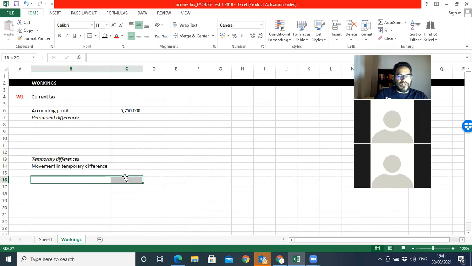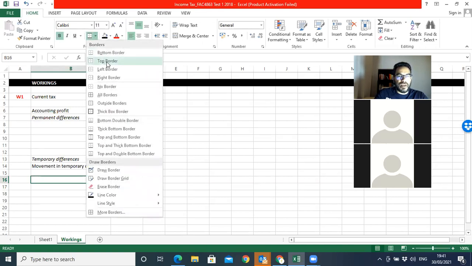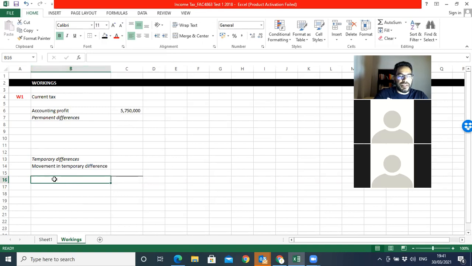And this will give me taxable income. But remember, I'm not looking for taxable income, I'm looking for tax. So to get to tax, it will be tax at 28%. Okay, so that's ultimately what I'm looking for.